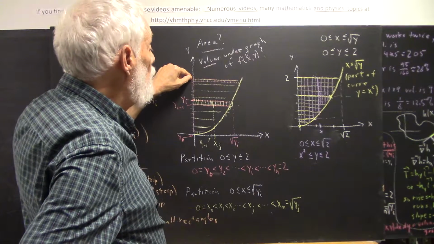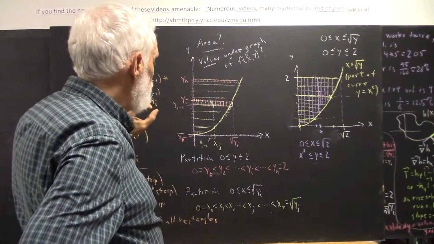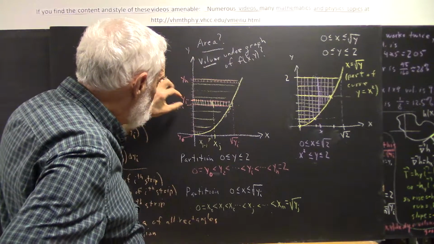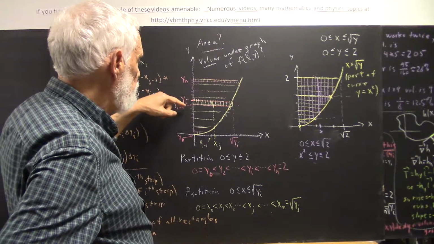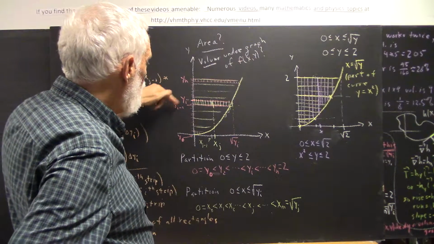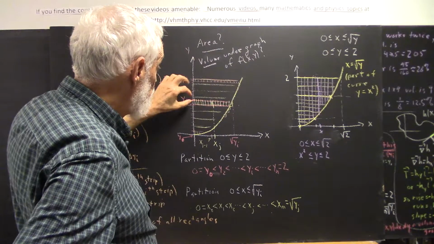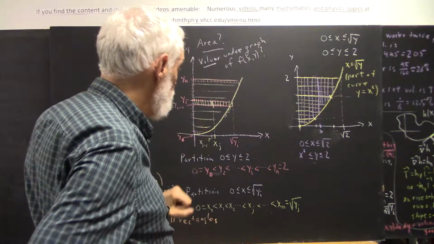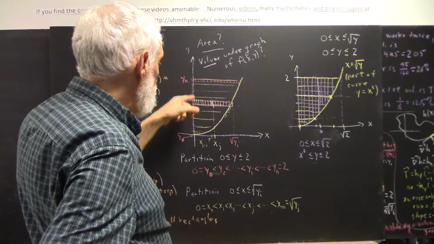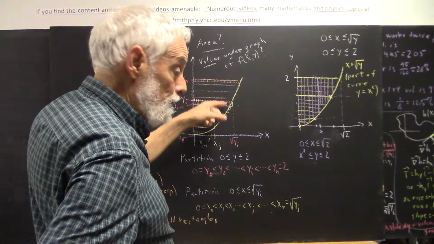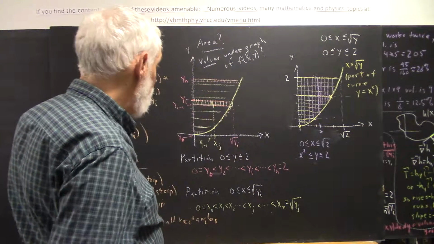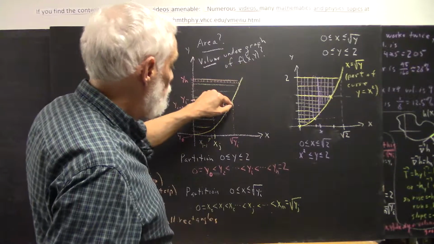And then for every partition, every strip corresponding to the partition of this interval, from every y i minus 1 to y i, we have a strip running across here, and then we partition that strip with respect to x. X will go from something here to something over here.